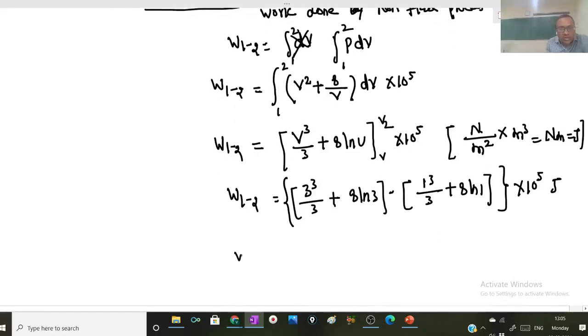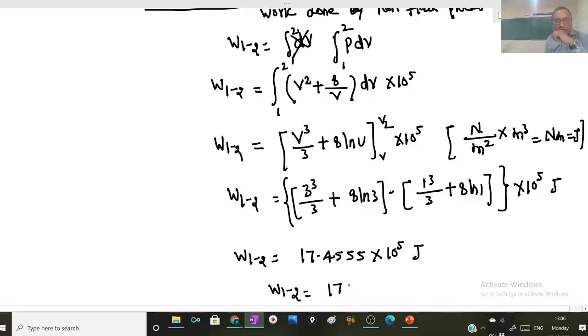Now if you solve it, what you will get? You will get 17.4555 into 10 to power 5 joule. So I can convert it into kilojoule.